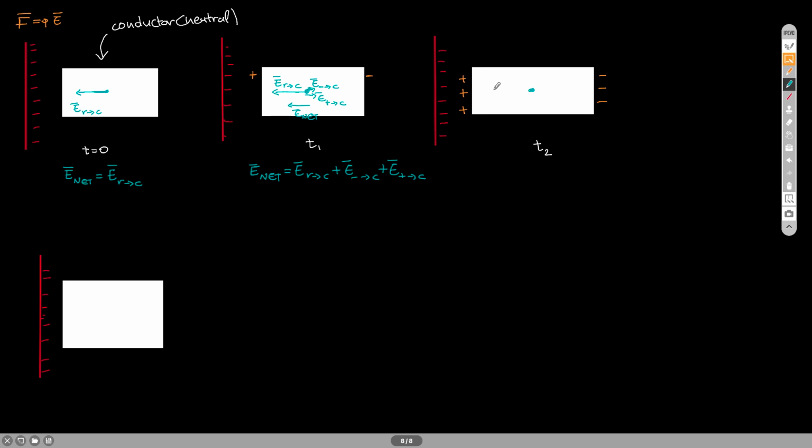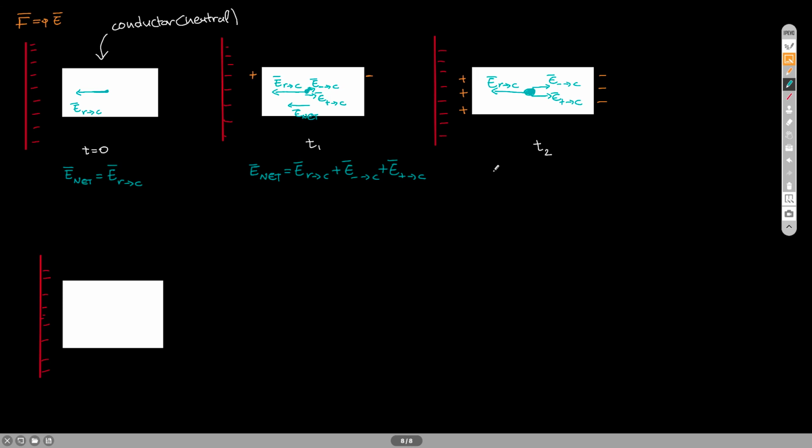And remember, I have not moved the charged rod around, so I continue to have the same electric field that the rod creates at the center of the conductor, but now the electric fields from the negative side of the conductor and the electric fields from the positive side of the conductor have grown longer. Those are bigger. Now those are bigger electric fields.